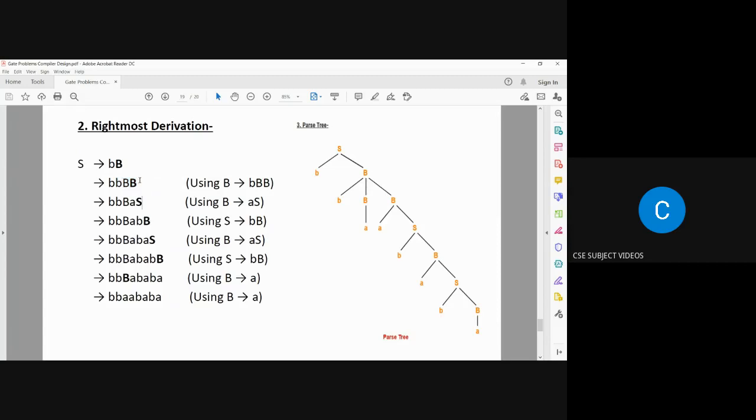Again we have to see the rightmost non-terminal, because we are doing rightmost derivation. We take the rightmost non-terminal and replace it by terminal. This rightmost non-terminal B is replaced by AS.